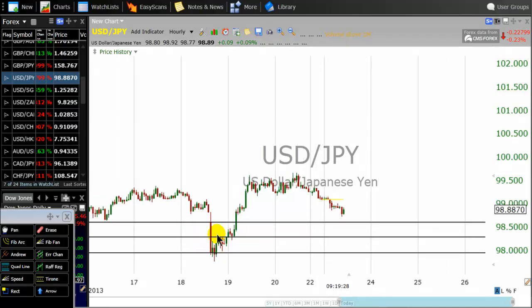The distortion here for the USD yen, which is the dollar yen, has been cancelled quickly after this economy news was released. This is the day where the Fed was speaking, saying that the quantitative easing will continue.